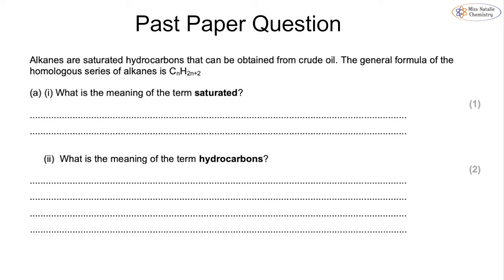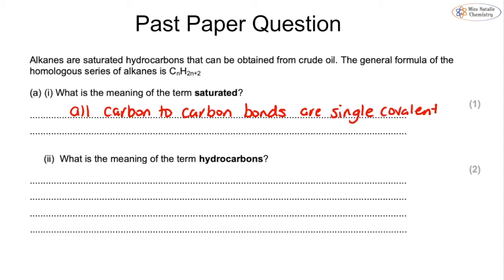So why do we call alkanes saturated molecules? And it is because all the carbon to carbon bonds are single bonds, or you could even say single covalent bonds, and that would get you the mark.